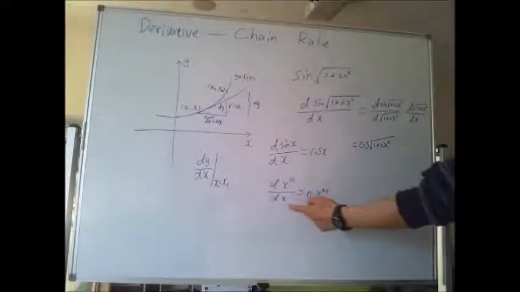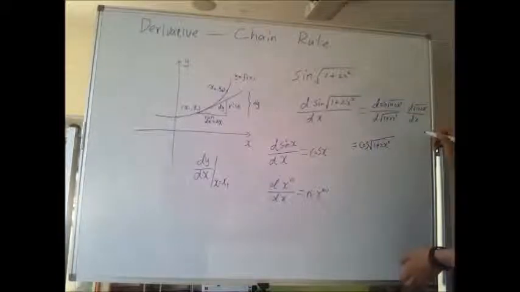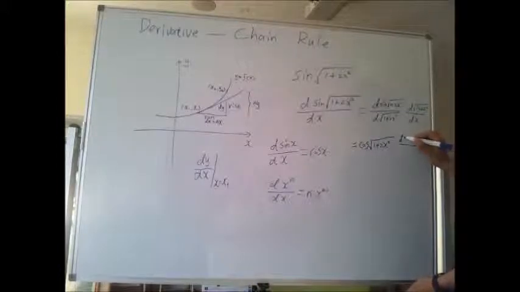To be able to apply this rule, we have to make the denominator into the same form as the thing underneath the square root. So we have to do the same thing again: d of 1 plus 2x squared to the power 1/2. We just rewrite this square root as the power 1/2.